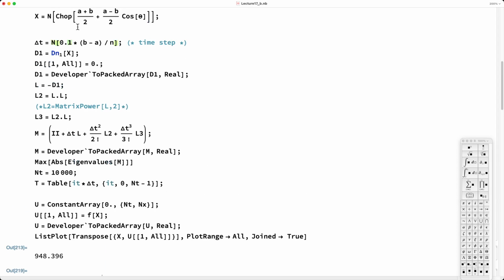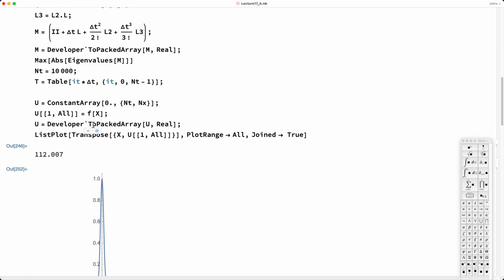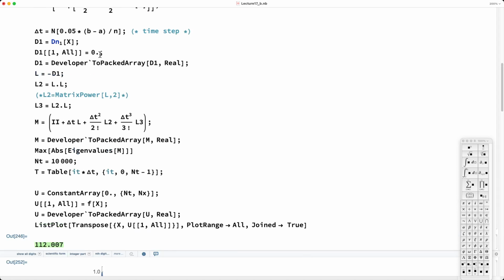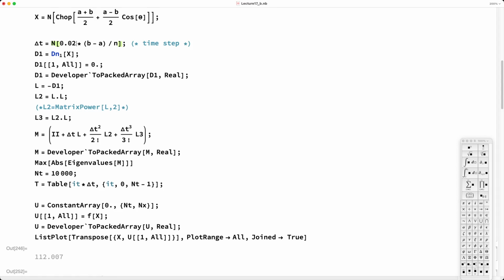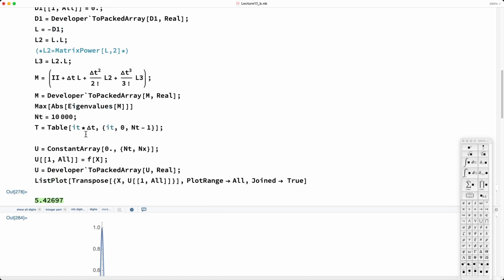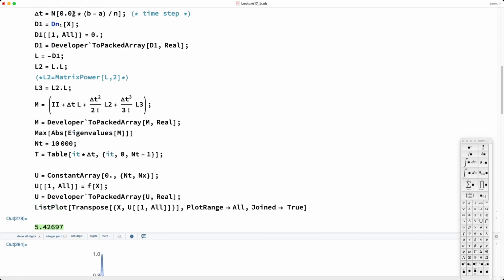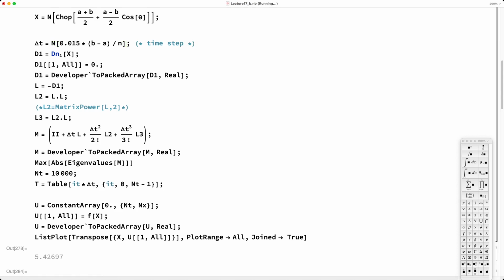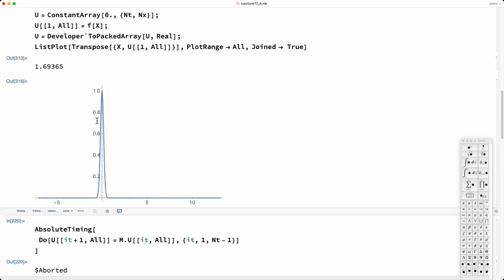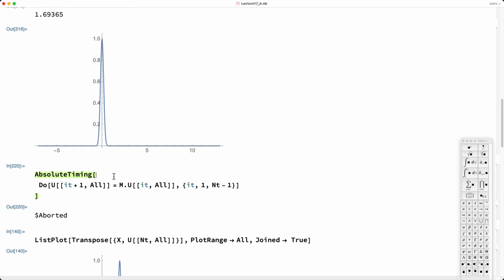Let's try something smaller here. Still, the eigenvalue is larger than 1. Let's try something smaller. Still larger than 1. Let's try 1.5. Still barely larger than 1, so still unstable. Let me try and run it with this.